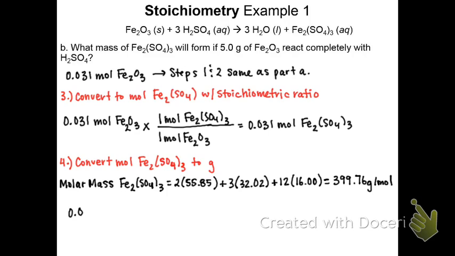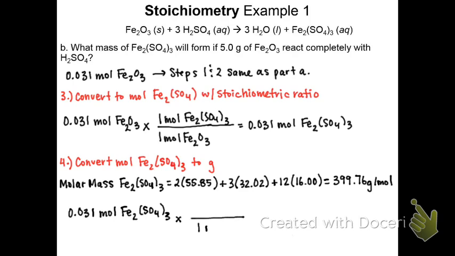And so now it's just a simple conversion from moles to grams. We need to multiply by the molar mass because we want to convert from moles to grams.